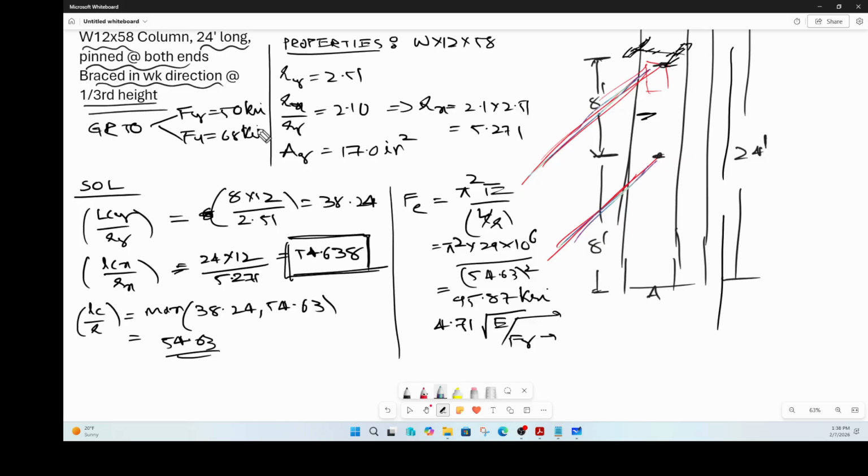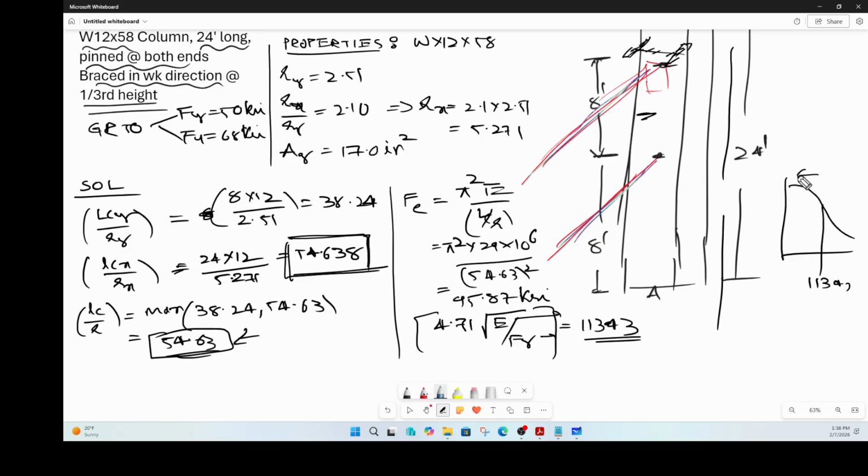You substitute those values, and the limit comes out to be 113.43. My LC by r is only 54, which is less than 113.43, the upper limit. So we fall on the side wherein inelastic buckling is going to happen.